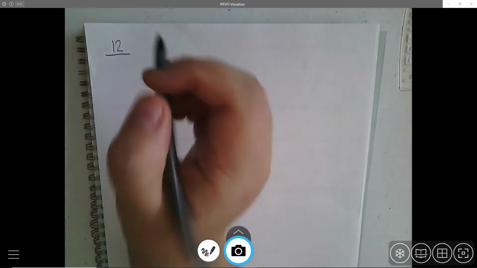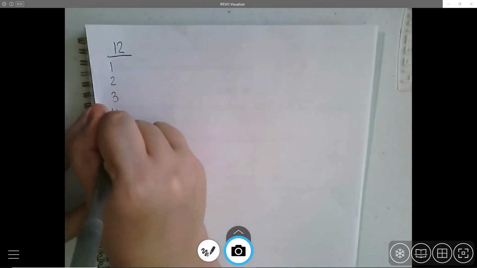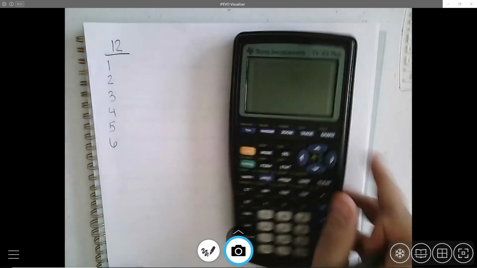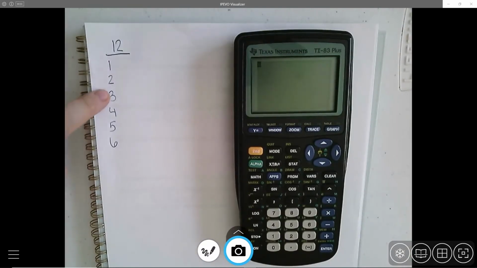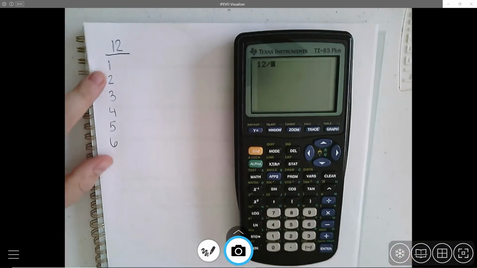What I'm going to do is start underneath this 12 and write 1, 2, 3, 4, 5, 6, and I'll stop there. To check that these are factors, I take my calculator and divide the big number, 12, by the first number, 1.